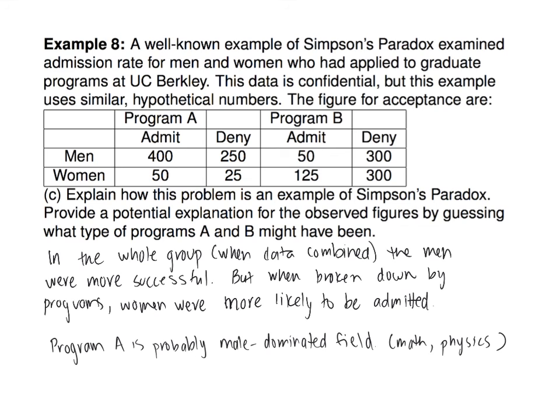And program B, I don't think it's obviously women-dominated, because 350 applicants versus 425 isn't so big. So program B is a more evenly liked field, and that could be something like medical school, for example, or psychology. There's no really right or wrong answer, except that program A is almost definitely male-dominated.